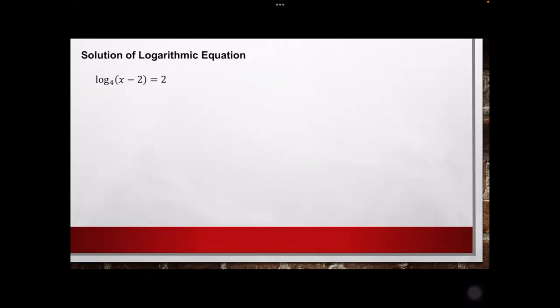Next, solution of logarithmic equation. In the solution of logarithmic equation, again, we have to find for the value of x. So, given natin is logarithm of 4, then the quantity of x minus 2 is equal to 2. So, in this case, we have to transform the given into exponential equation. So, magkakaroon tayo dito ng 4 squared is equal to x minus 2.